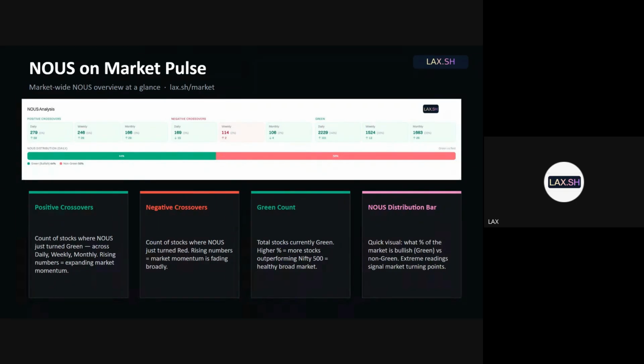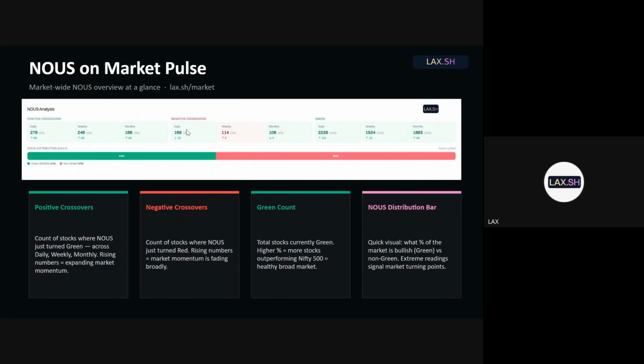Now you might say that this is green, understood. This is green, understood. But why is this red? It is red because of negative crossover. You say negative crossover, good. But monthly and daily, why are they green?